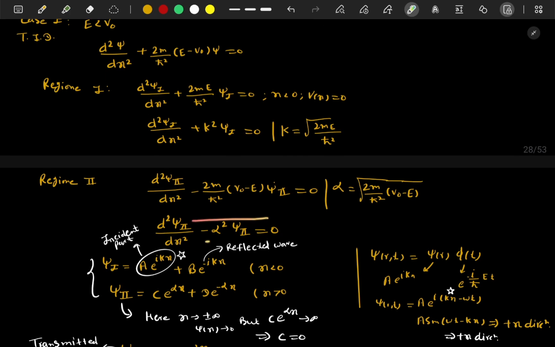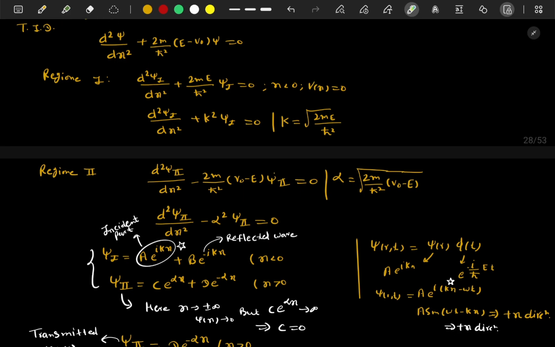Now here is a minus sign, so it will go to plus or minus alpha, meaning the equation will be in real form: C e to the power alpha x plus D e raised to minus alpha x for x greater than 0. But for this region it will go to plus or minus i k. So it will lead us to a complex equation: A e to the power i kx plus B e raised to minus i kx, where this is the incident wave and this is the reflected wave.